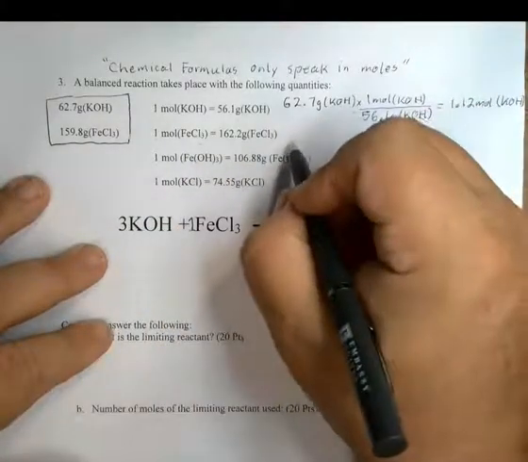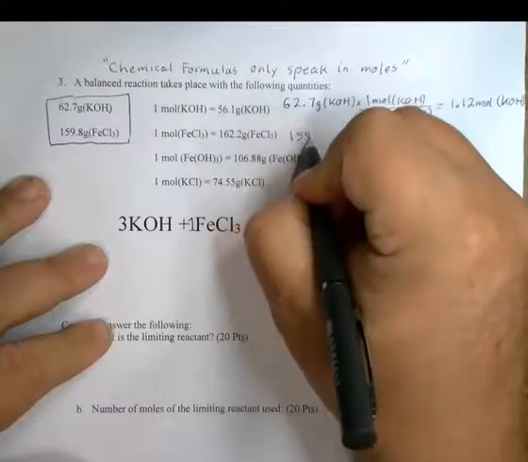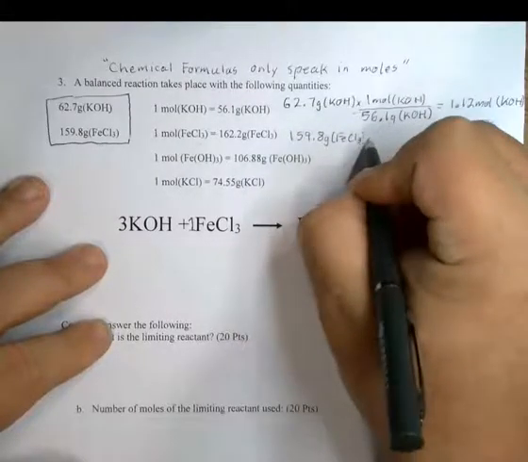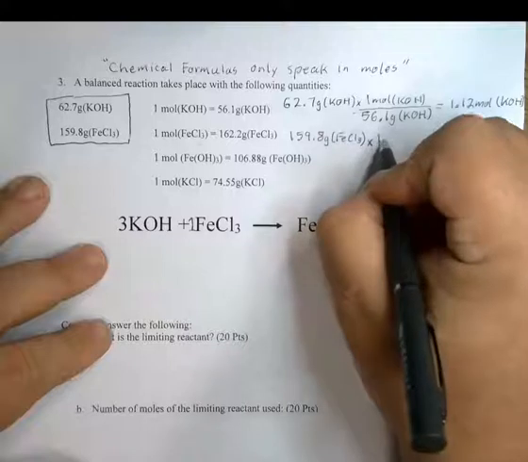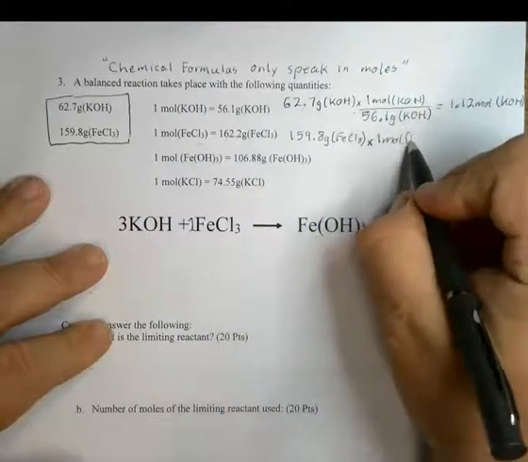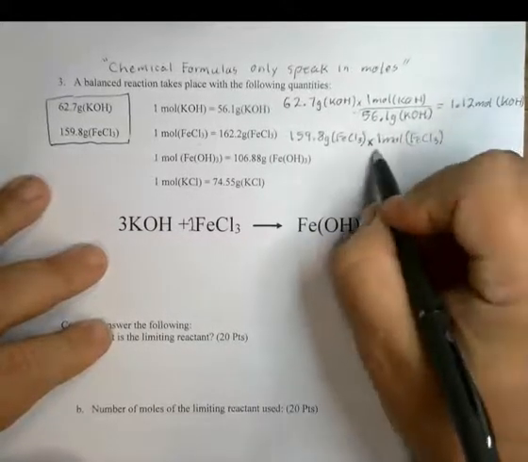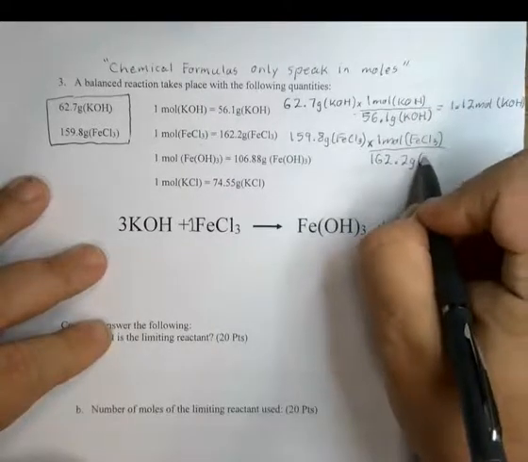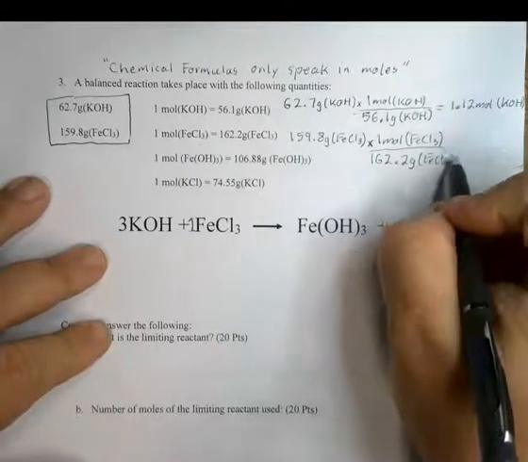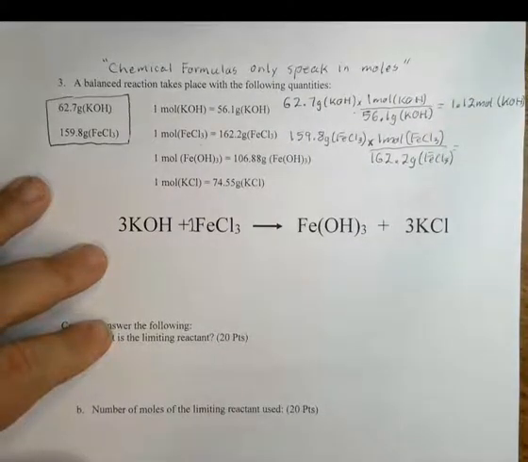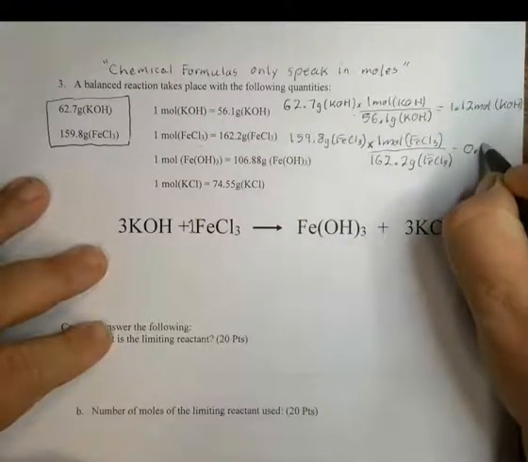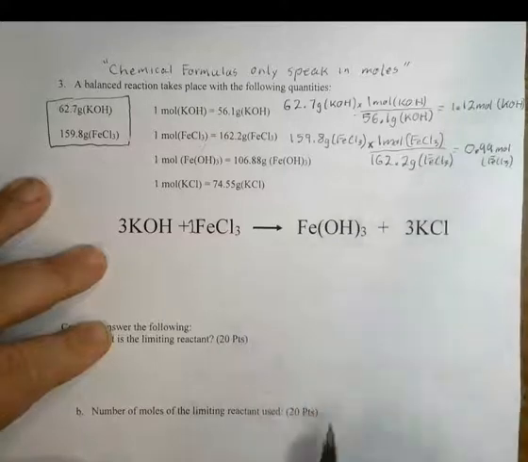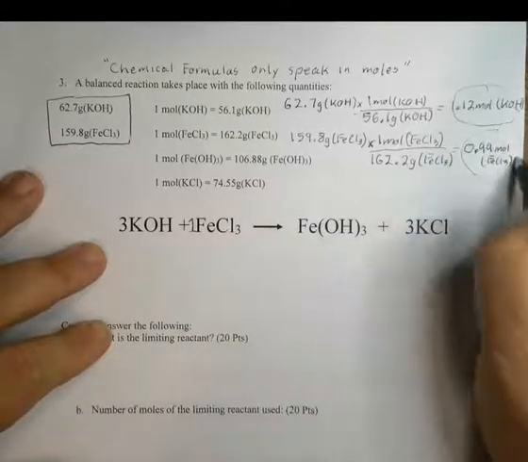And for iron chloride, okay, so these are the quantities that you're going to use in the chemical reaction.